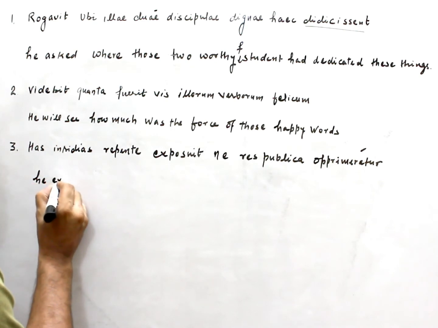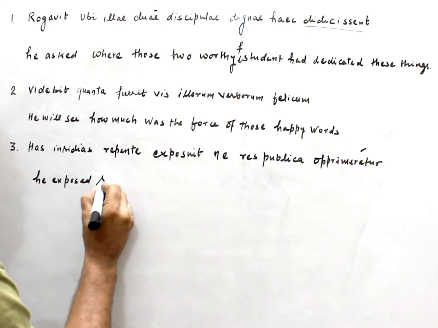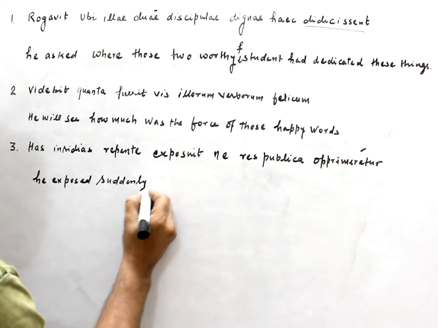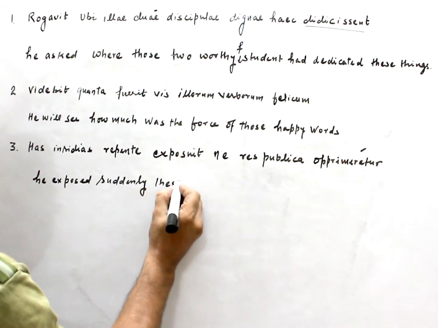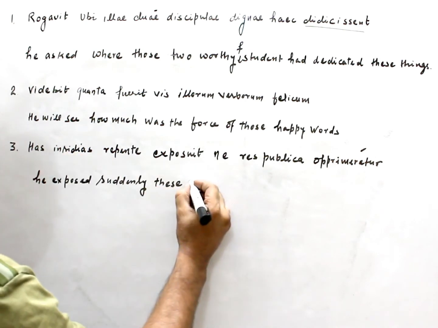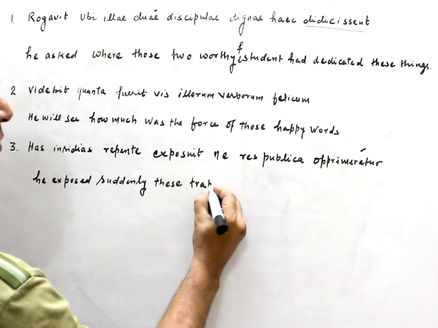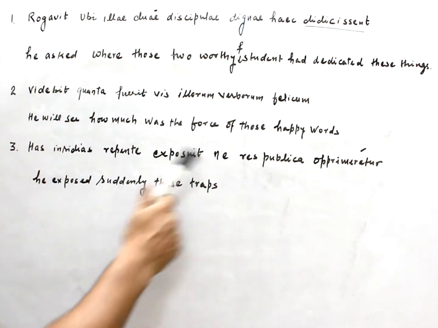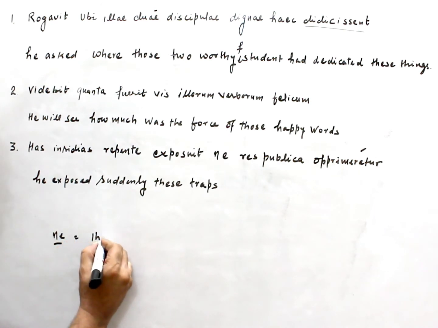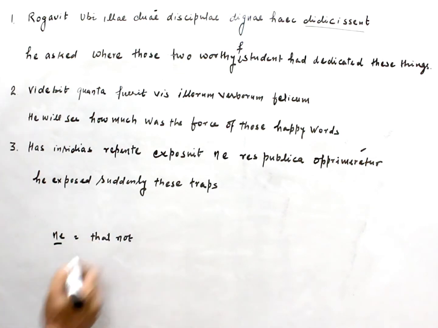He exposed suddenly has, meaning these traps or plans, treachery. So traps. Ne, what is the meaning of ne? Ne means that not. That not.